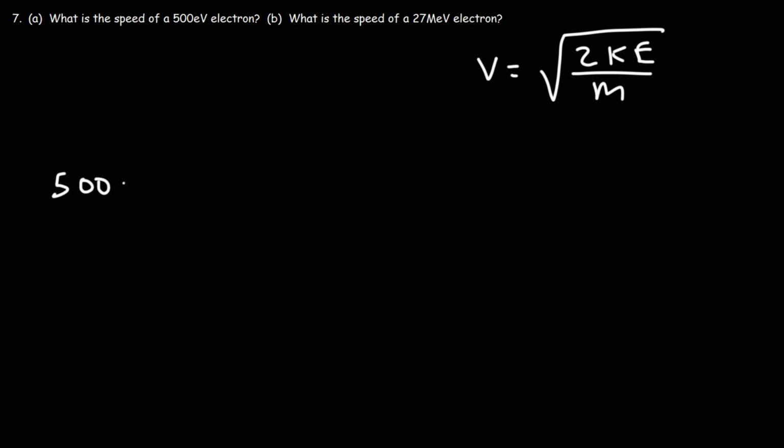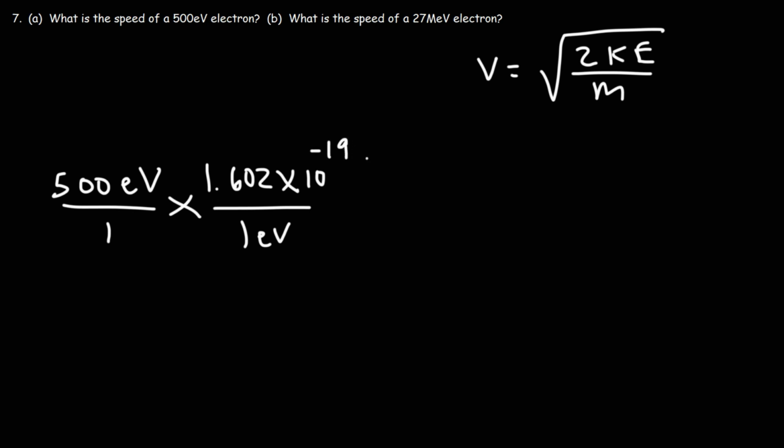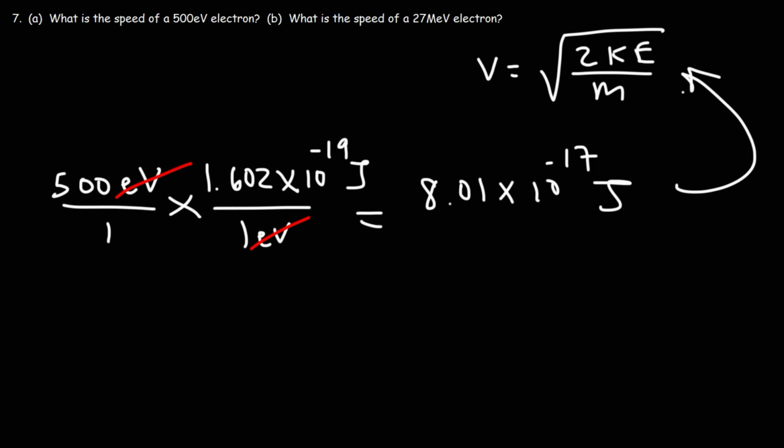So to convert 500 electron volts into joules, it's going to be 1 electron volt on the bottom times 1.602 times 10 to the negative 19 joules. And then eV will cancel. So the kinetic energy of the electron is 8.01 times 10 to the negative 17 joules. So now we could plug that into this equation.